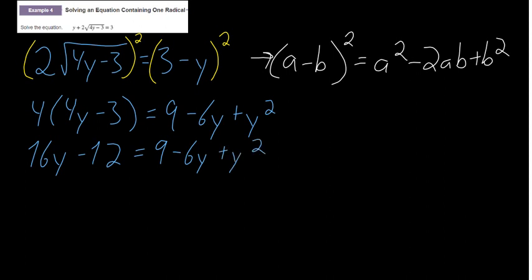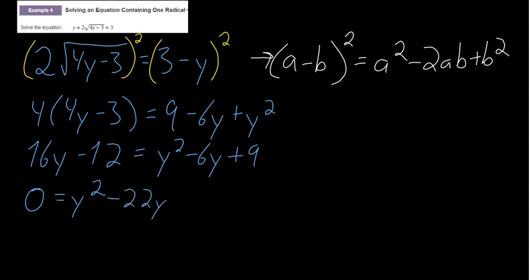Let's put the right side in descending order, because this is definitely looking like a quadratic. Then I'm going to subtract everything from the left side and put it on the right side. So I'm going to have 0 is equal to y squared, and if I subtract 16y, it's going to be minus 22y. I'm going to add 12, so I'm going to have 21.